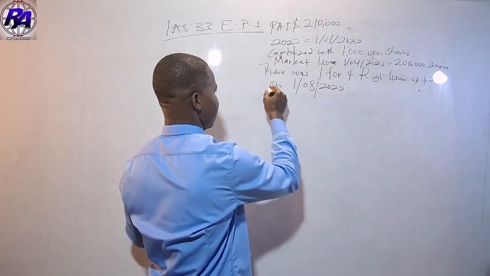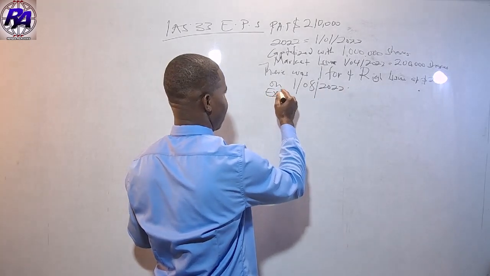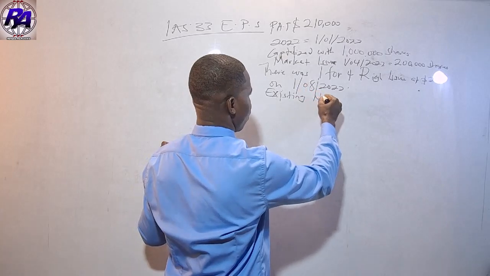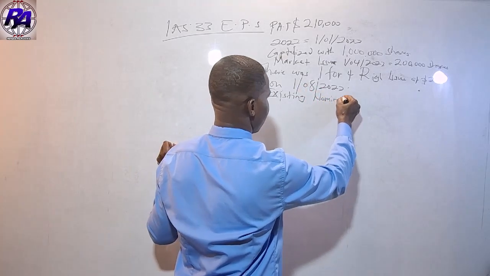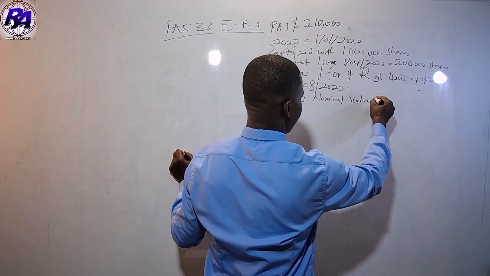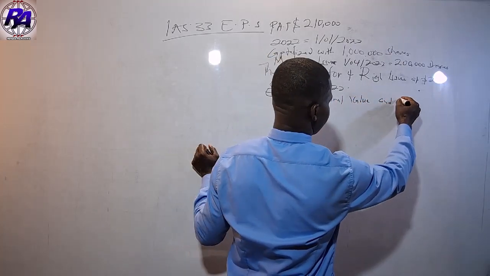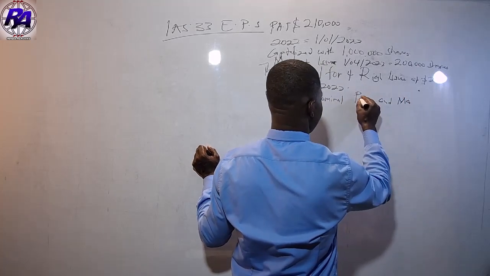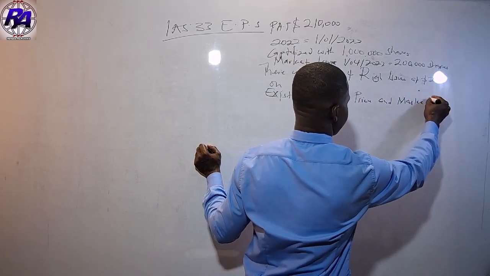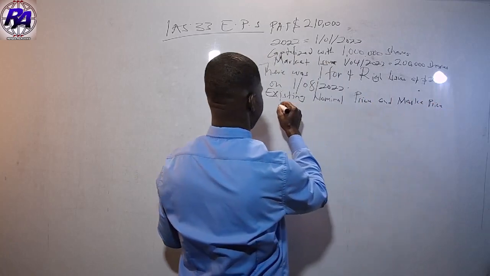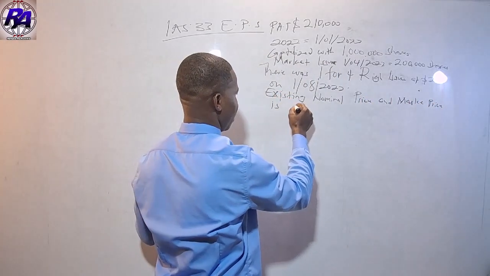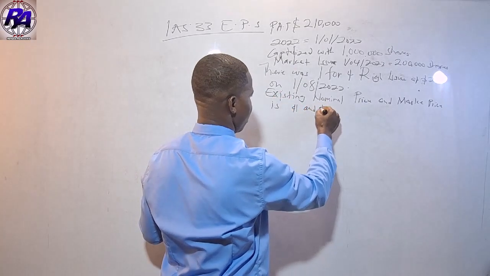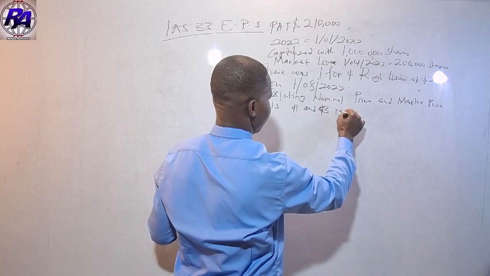Then the existing nominal price and market price are $1 and $3 respectively.